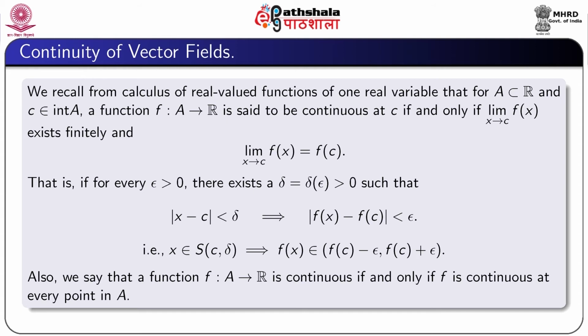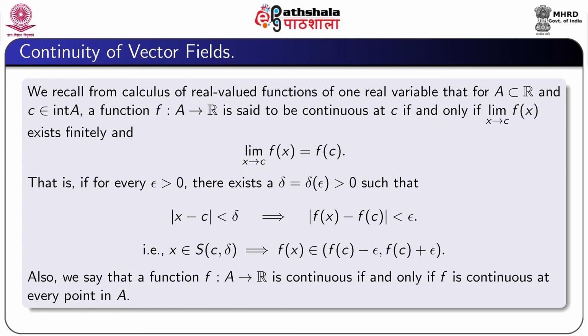We recall from calculus of real valued functions of one real variable that for a subset A of R and C an interior point of the set A, a function f from A to R is said to be continuous at that point C if and only if the limit of f(x) as x tends to C exists finitely and equals f(c).